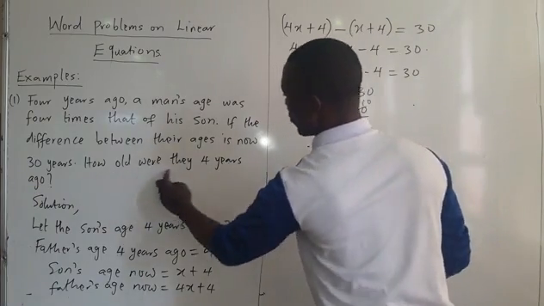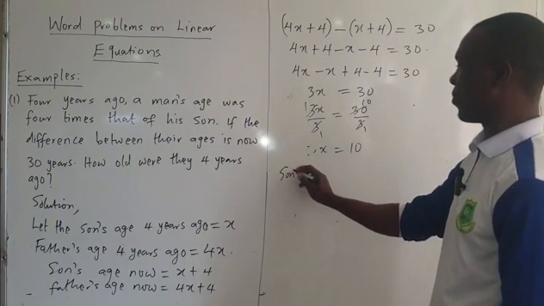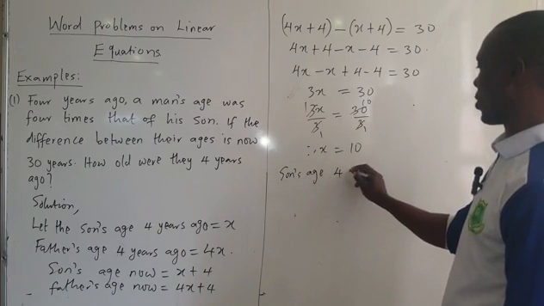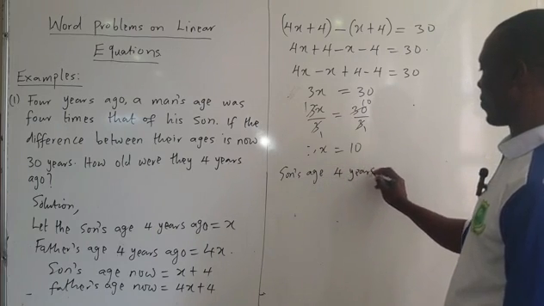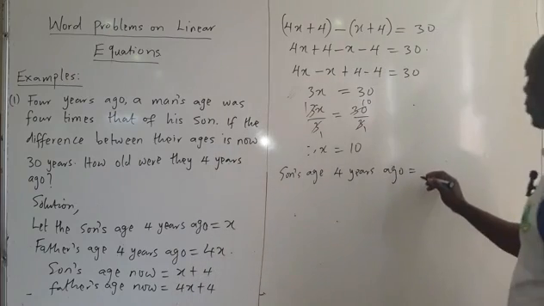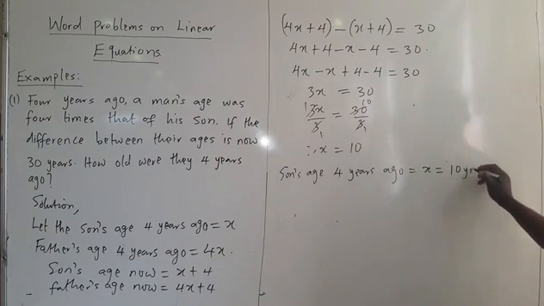The question asks, how old were they 4 years ago? So the son's age 4 years ago is represented by x, which is equal to 10 years old.